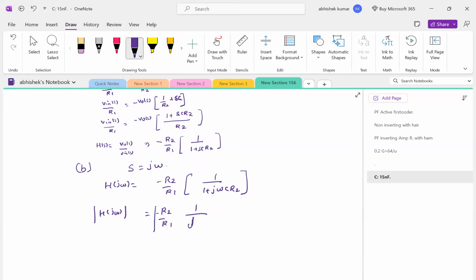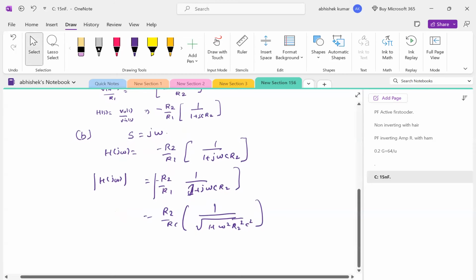1 by, first of all, 1 by 1 plus j omega C R2. So this can be written as R2 by R1 into 1 by under root, 1 plus omega square R2 square C square. Right or wrong? Correct. 1 by root of x square plus y square we do, right?